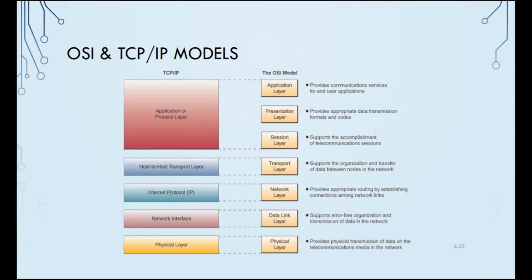On the TCP/IP model, there are 5 layers: the application or process layer, host-to-host transport layer, IP, network interface, and physical layer. While in the OSI model, there are 7 layers. The application layer is the layer where you interact with technologies such as browsers and app firewalls.